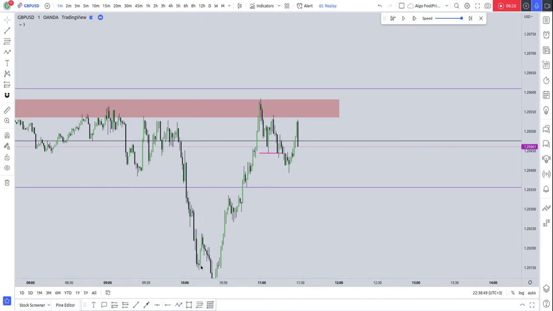Look at this. We have a high, a low, and this high failed to take out this high. Can you see that? A swing high, but this high could not make a higher high. Actually, price came and took out this swing low. That means we have a break in market structure.